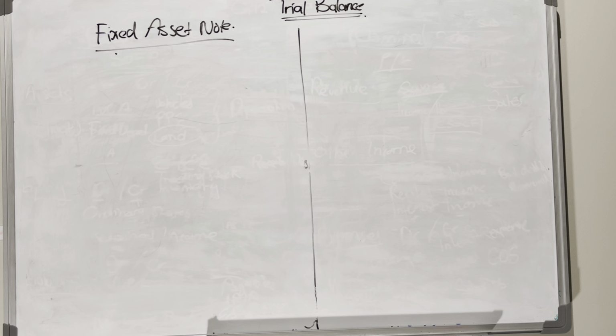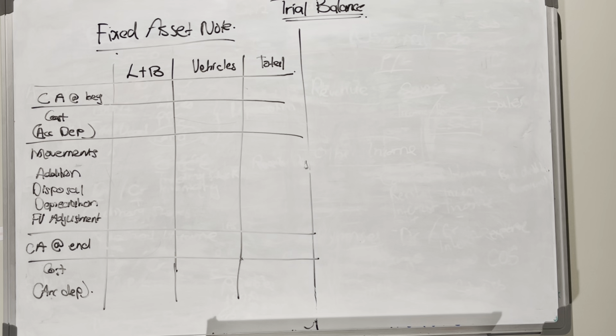And let me just draw a template of it quickly. Right, there we have it, our format. We have our carrying amount at beginning, which is made of our cost price less our accumulated depreciation. And we will have our movements.